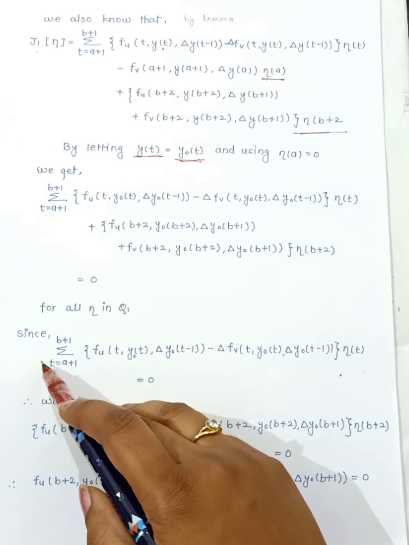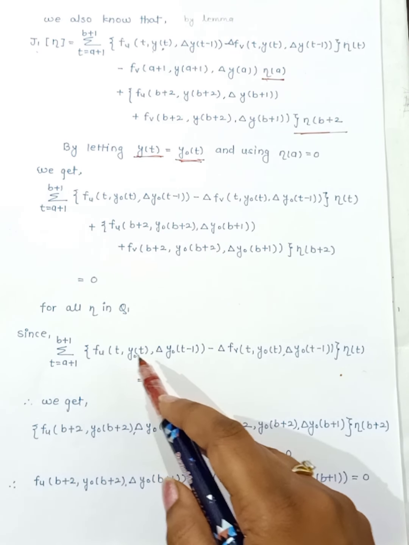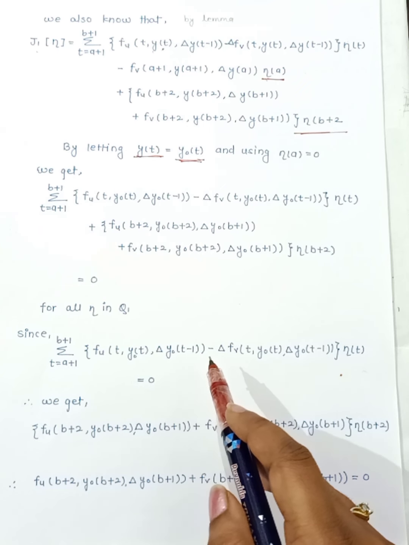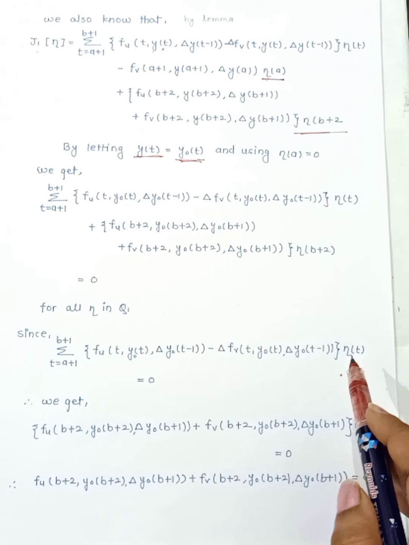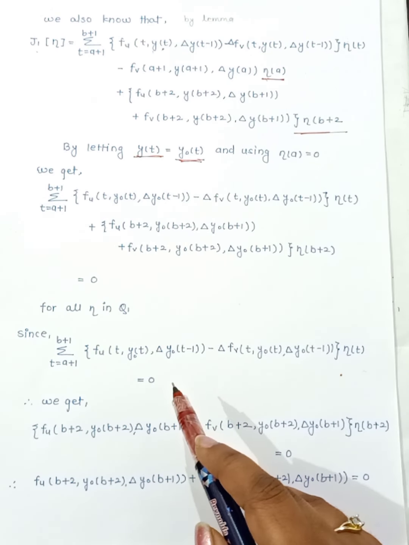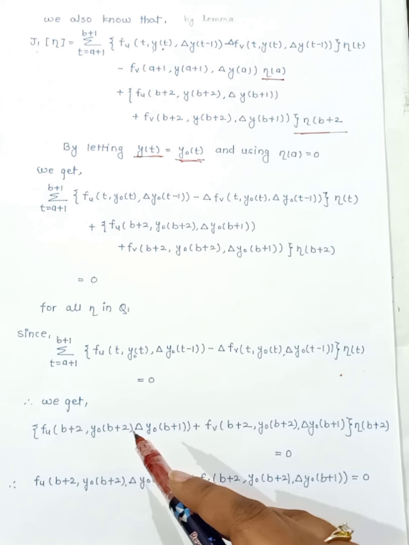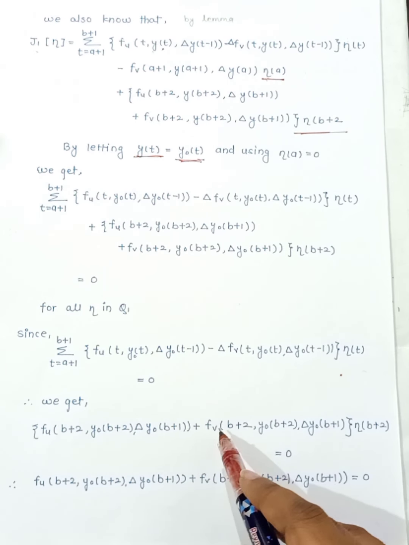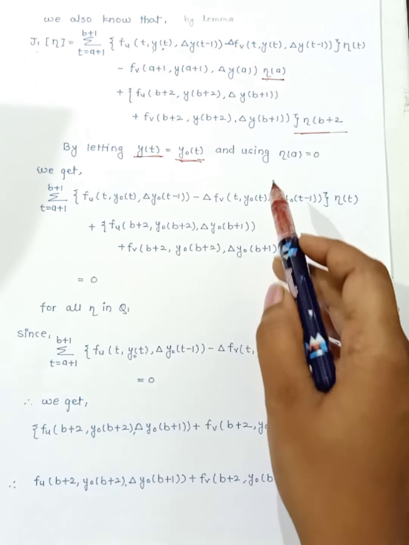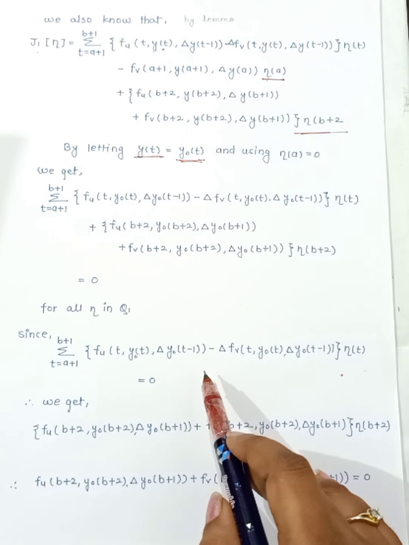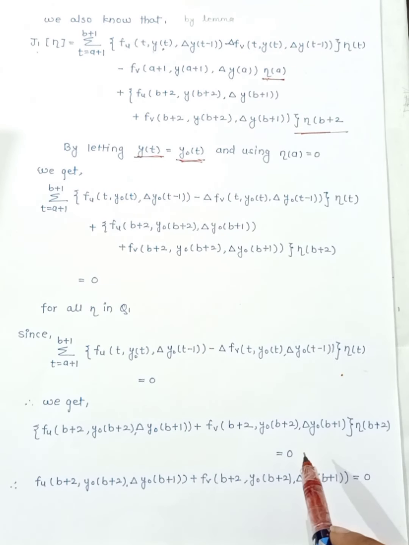Now since the summation over t from a plus 1 to b plus 1 of [f_u(t, y0(t), delta y0(t minus 1)) minus delta f_v(t, y0(t), delta y0(t minus 1))] eta(t) will also be equal to 0, therefore we get f_u(b plus 2, y0(b plus 2), delta y0(b plus 1)) plus f_v(b plus 2, y0(b plus 2), delta y0(b plus 1)) eta(b plus 2) equals 0. This term became 0, so we get the addition of these two terms equal to 0.